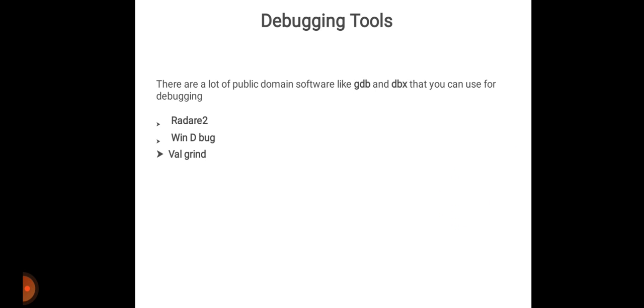They also offer console based command line interfaces. Some of the automated debugging tools include code based tracers, profilers, interpreters, etc. Some widely used debuggers are Radare2, WinDbg and Valgrind.